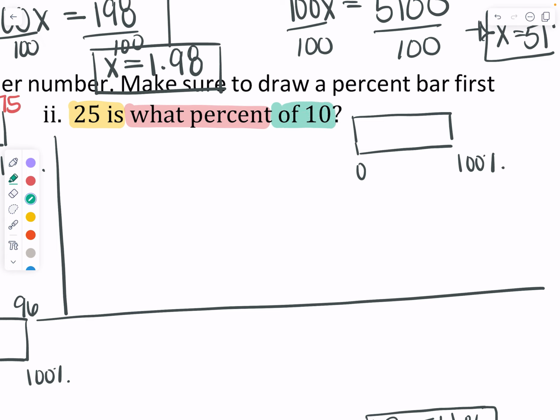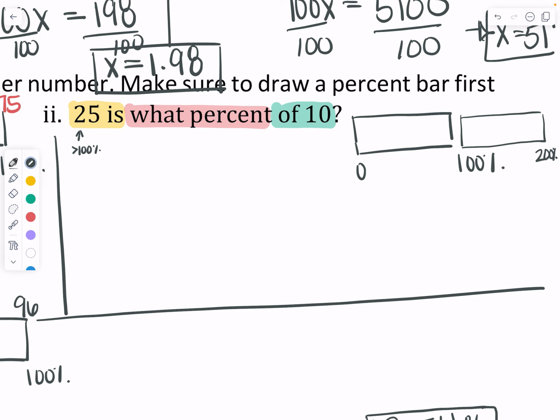Well, 25 is bigger than 10. So this tells me I'm probably going to have greater than 100%. I'm probably going to need another percent bar. Maybe 2, maybe 3. I don't quite know, but I do know it's at least going to be more than 100.